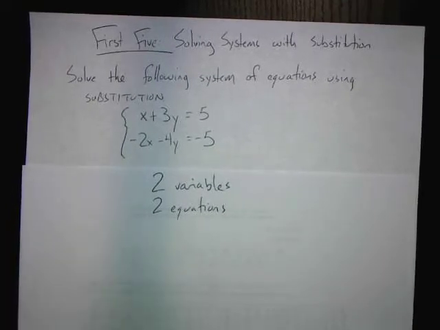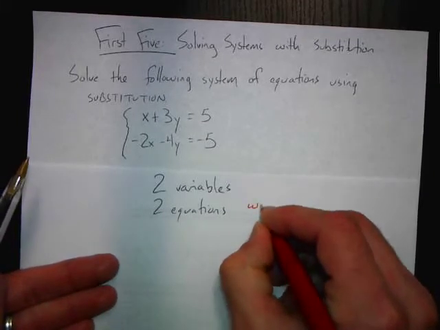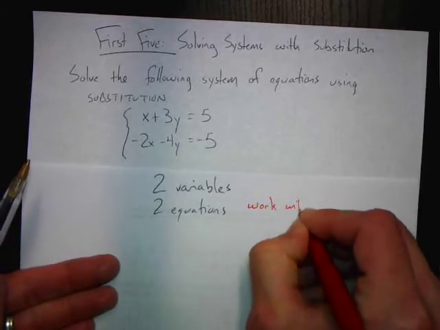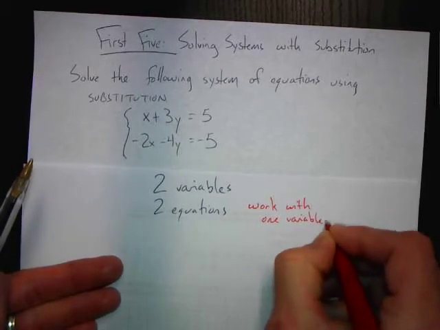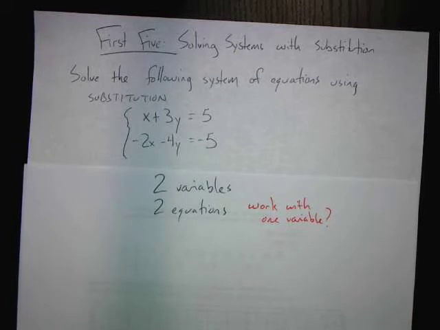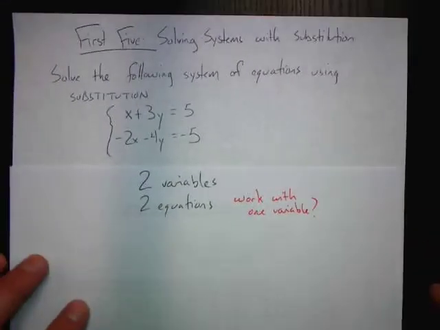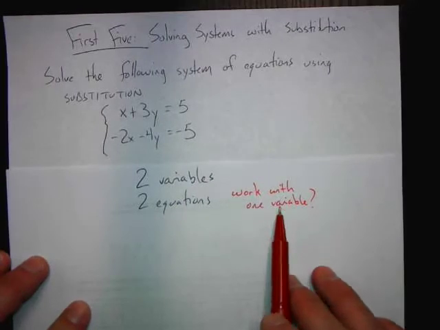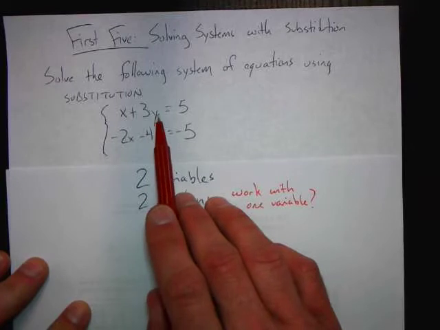Everything would be so much more helpful if we could work with one variable. Because how are we going to solve a system of equations if we can't even get one variable by itself? Is there a way we can work with only x, or a way that we can work with only y?